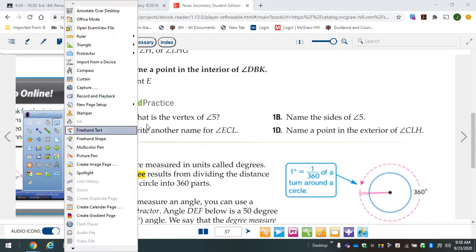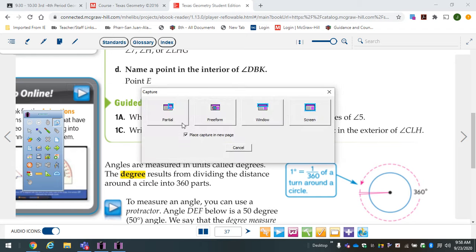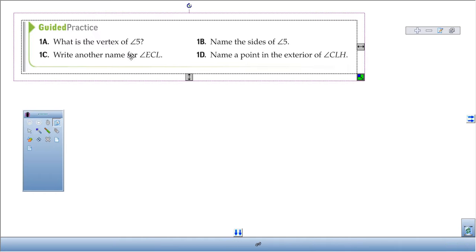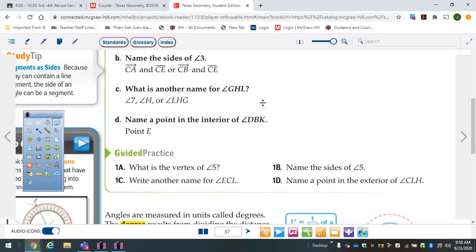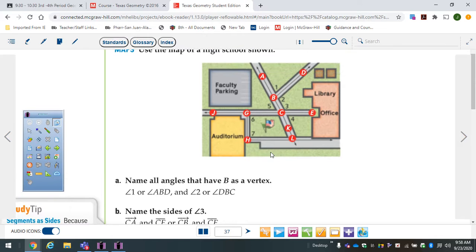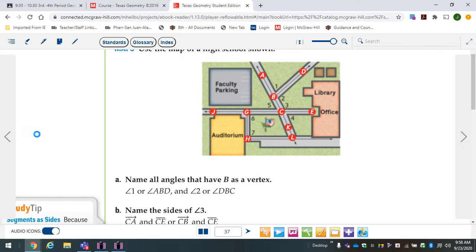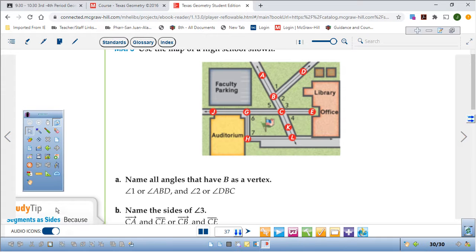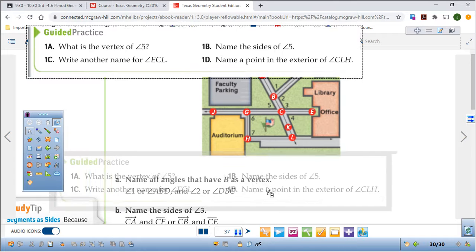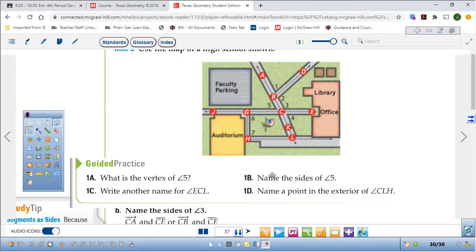Let me copy these questions. Okay, copy that down real quick. Get that done.